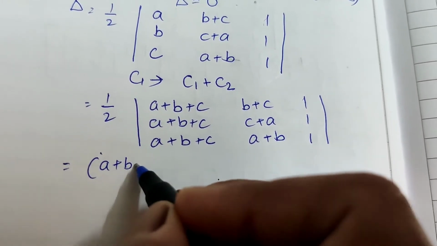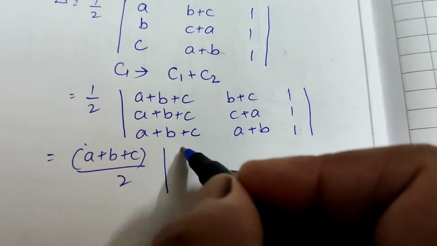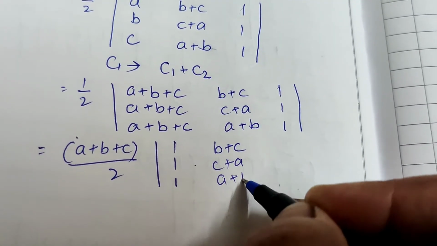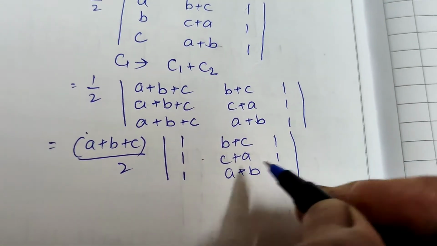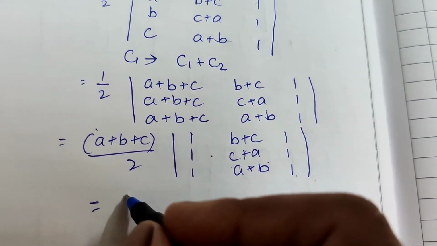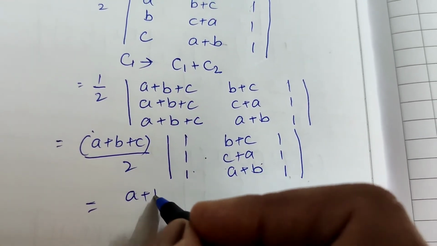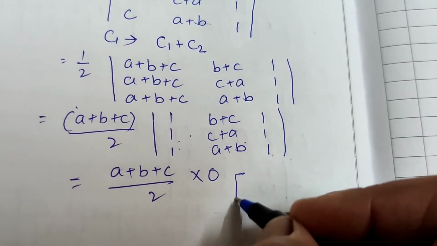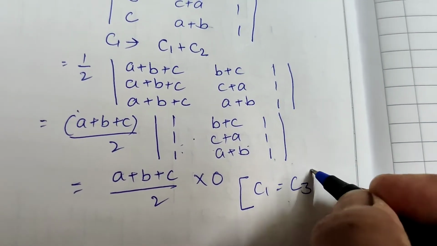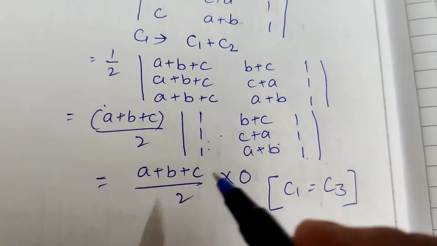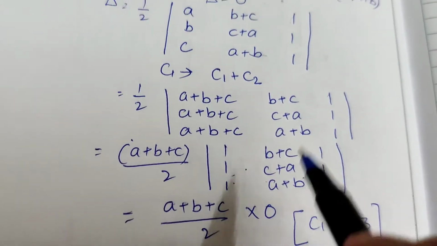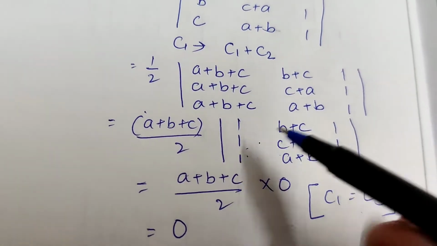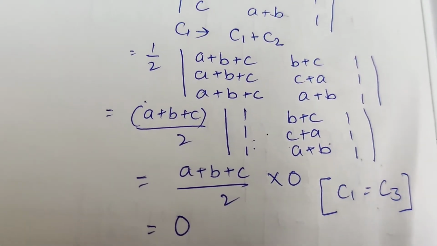The value of this determinant equals 0. Why? Because two columns are the same, column 1 equals column 3. Therefore it is 0. Hence the points A, B, C are collinear. If two rows or two columns are the same, the value of the determinant equals 0.